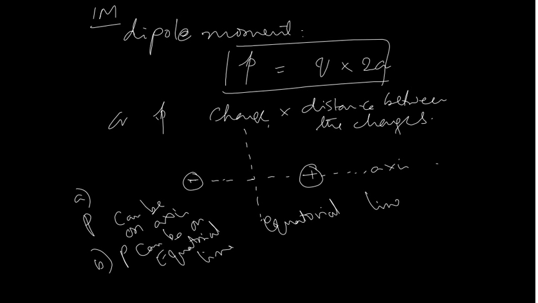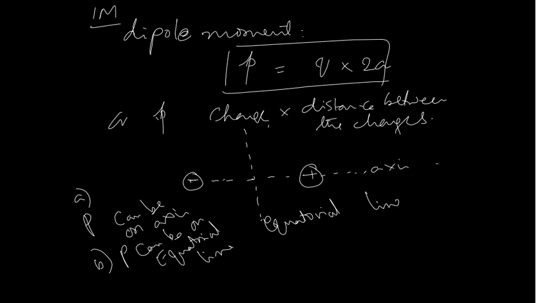Okay. Now if you go back to find the equation for E, electric field, that's 1 by 4 pi epsilon naught into Q by R square. So that is what you will have, the electric field.